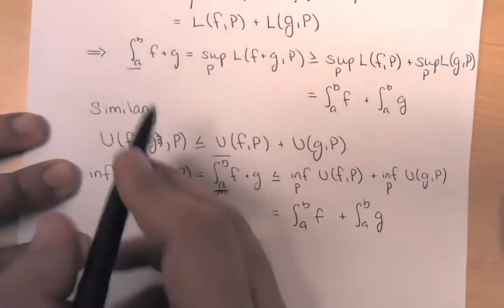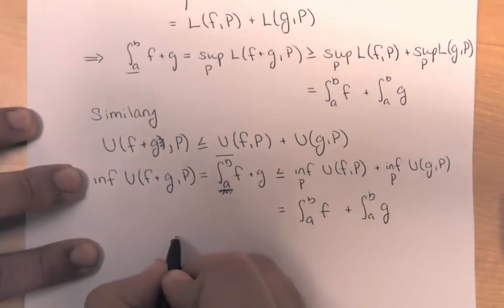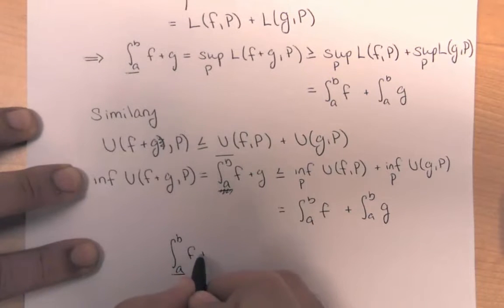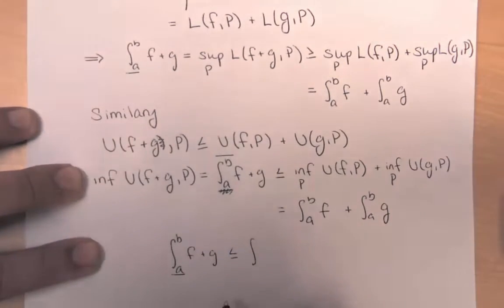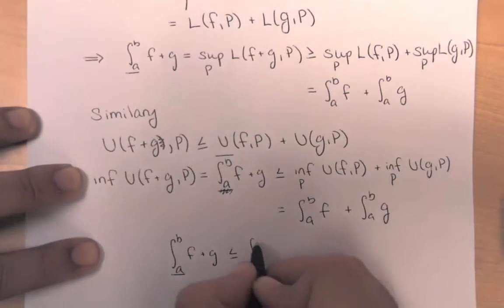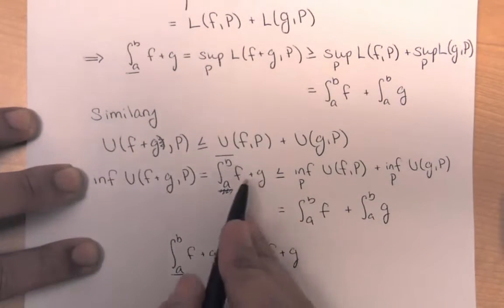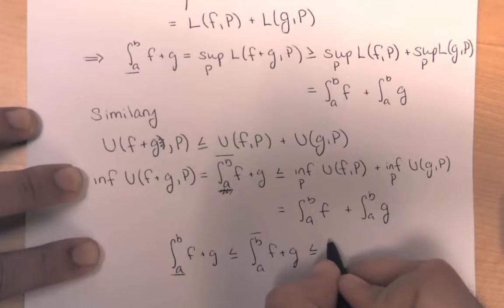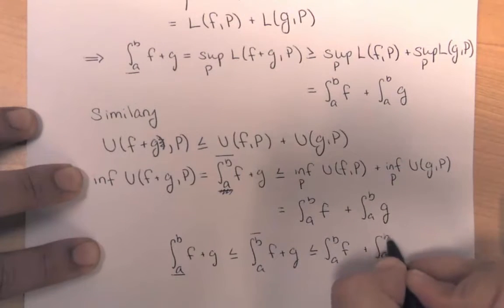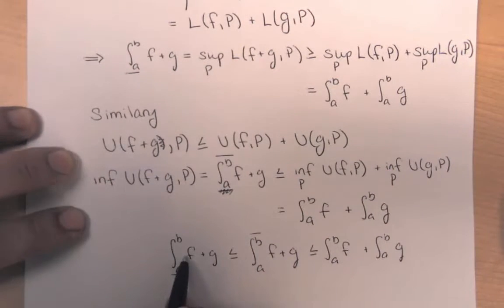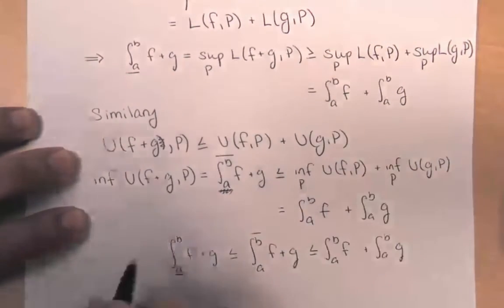The lower sum of f plus g, we know from one of the lemmas we proved in a previous lecture, is less than or equal to the upper sum of f plus g, and the upper sum is less than or equal to the integral of f plus the integral of g, and the lower sum is greater than or equal to that same summation.